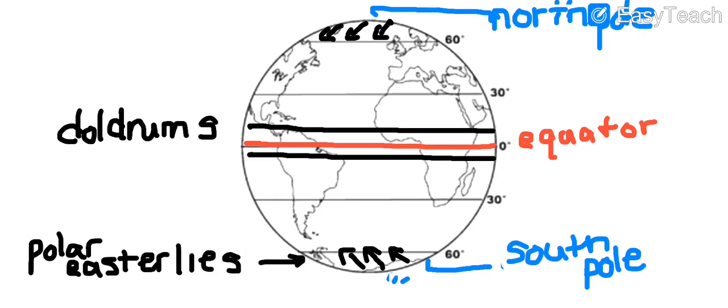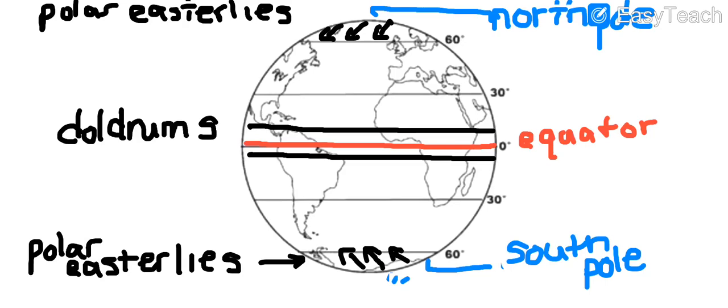So my polar easterlies are here, and they're going to be up at the top. Polar easterlies are here. Okay, so far so good. We've got our doldrums hanging out by the equator. We've got polar easterlies heading outward from the poles.